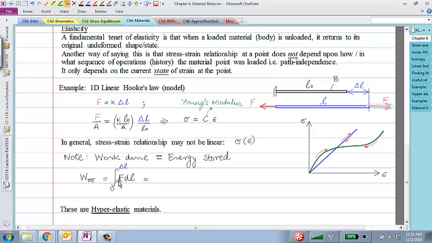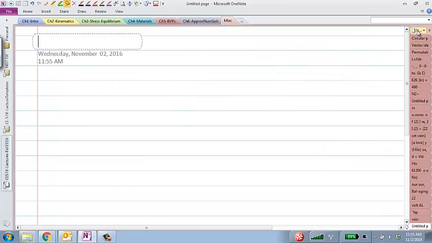So force will be a function of the change in length, delta L, and maybe what I should do is take an aside here.